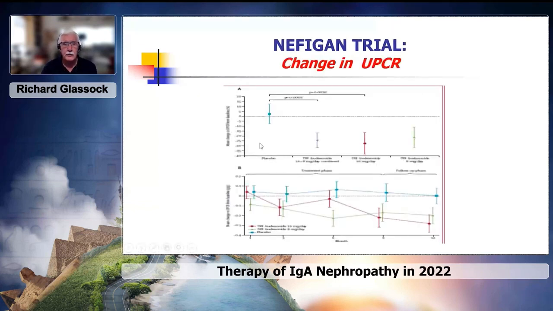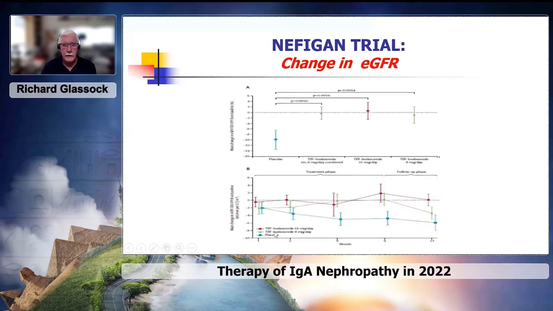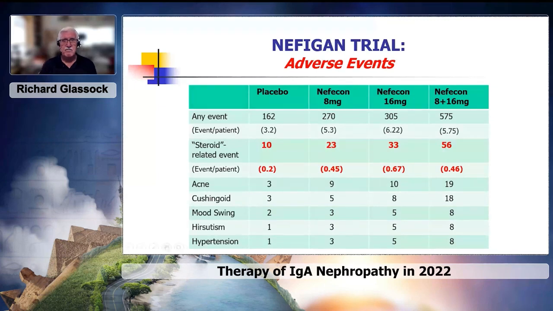The outcome in this trial showed a reduction in proteinuria compared to placebo, and a stabilization of the GFR when followed up to 12 months. The study was not powered to study end-stage kidney disease, obviously, with such a short follow-up.